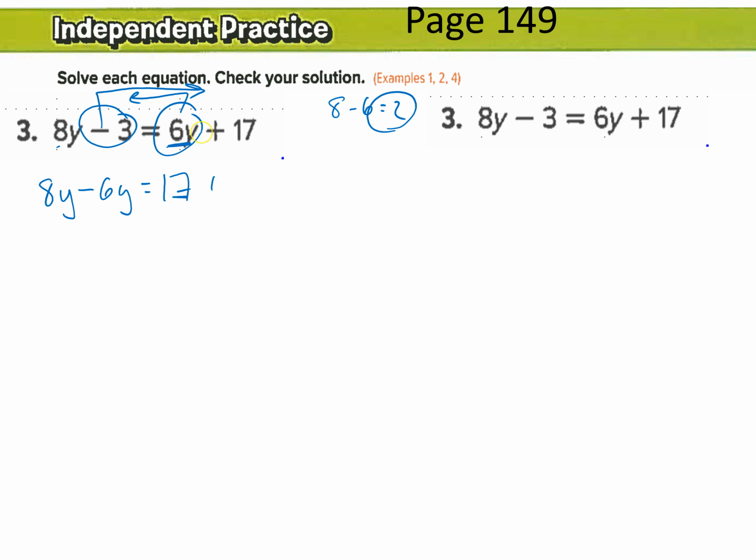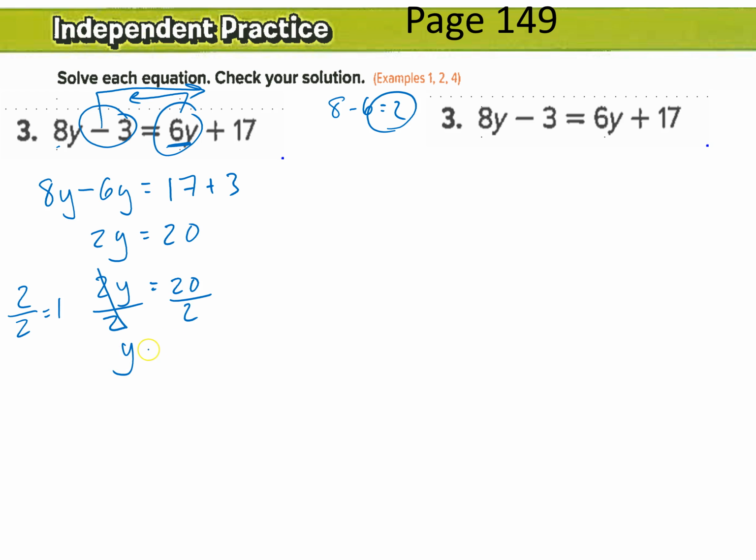So I have 17 plus 3. So I have 2y is equal to 20. 2 times y is 20. The opposite or inverse of multiplication is division, because I want 2 divided by 2 to be 1. That goes away. So y is equal to 10.